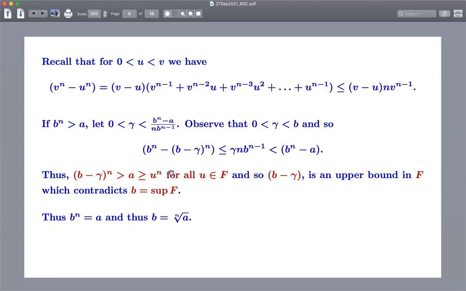I maybe said earlier that historically series came in naturally, and when they tried to formalize series, they realized that you should first formalize sequences a sub n, and then you can talk about the summation of a sub n. So we are going to start with sequences.